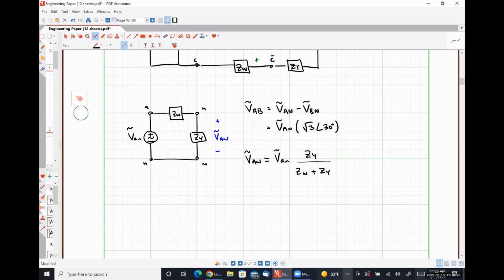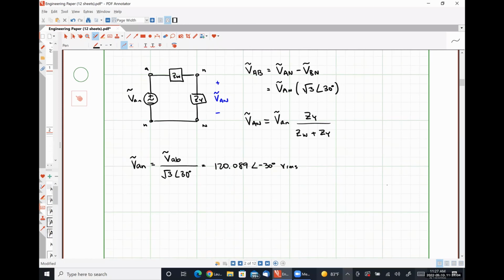So VAN is simply going to be VAB divided by the square root of 3, angle 30 degrees, which comes out to be 120.089 with an angle of negative 30 degrees, RMS, just using the conversion factor that we developed on Wednesday.